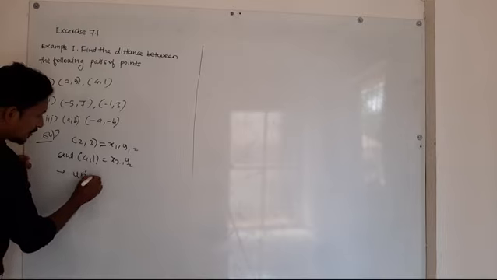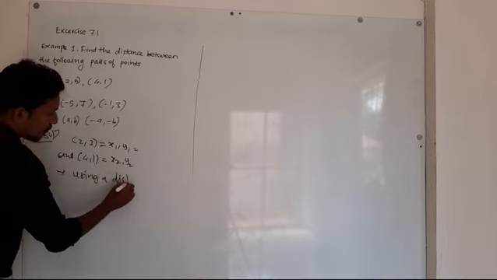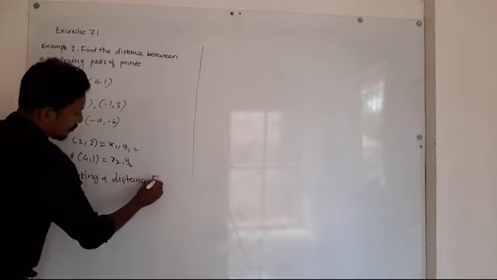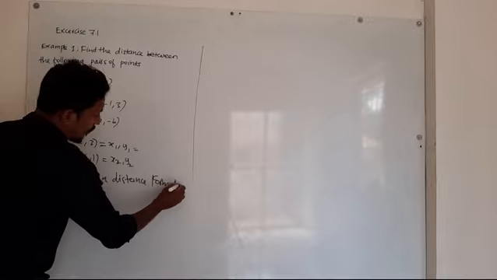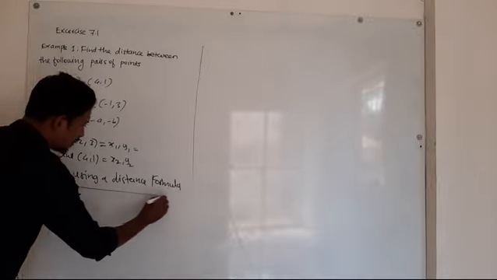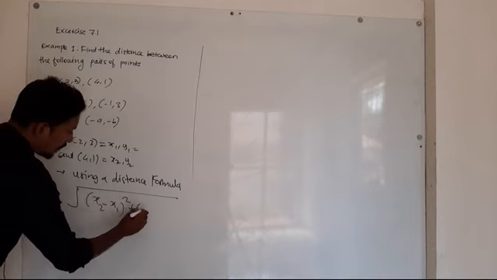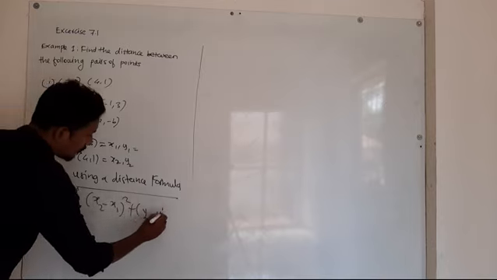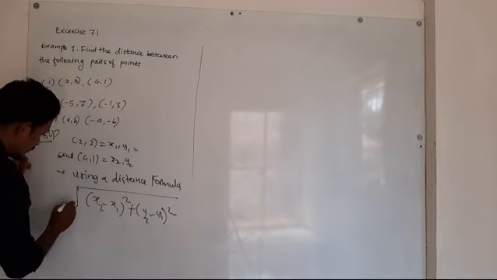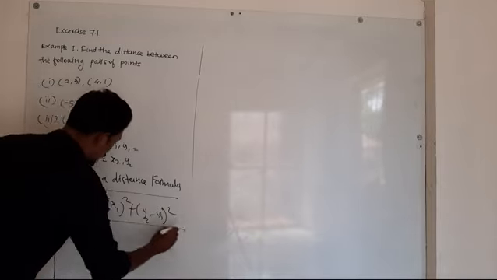Using the distance formula: square root of (x2 minus x1) squared plus (y2 minus y1) squared.